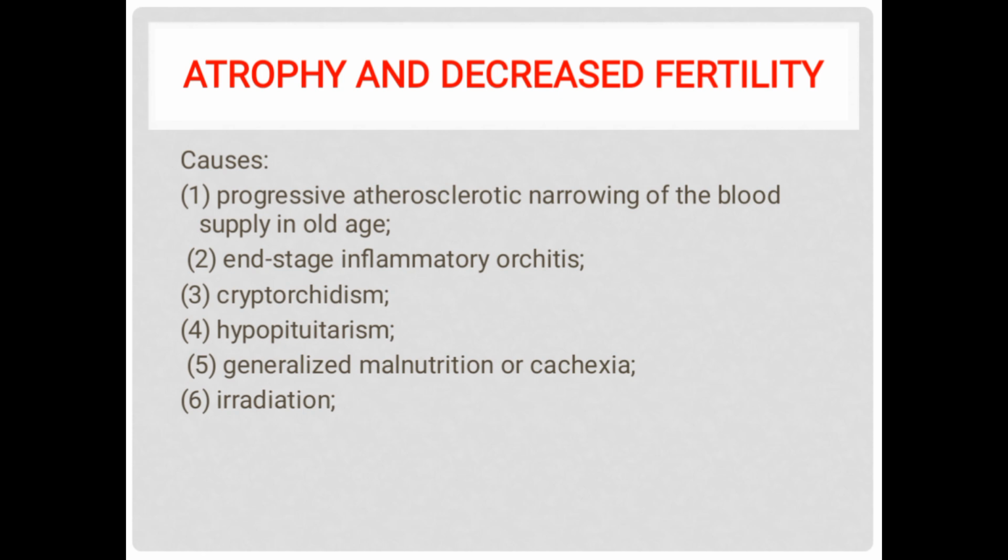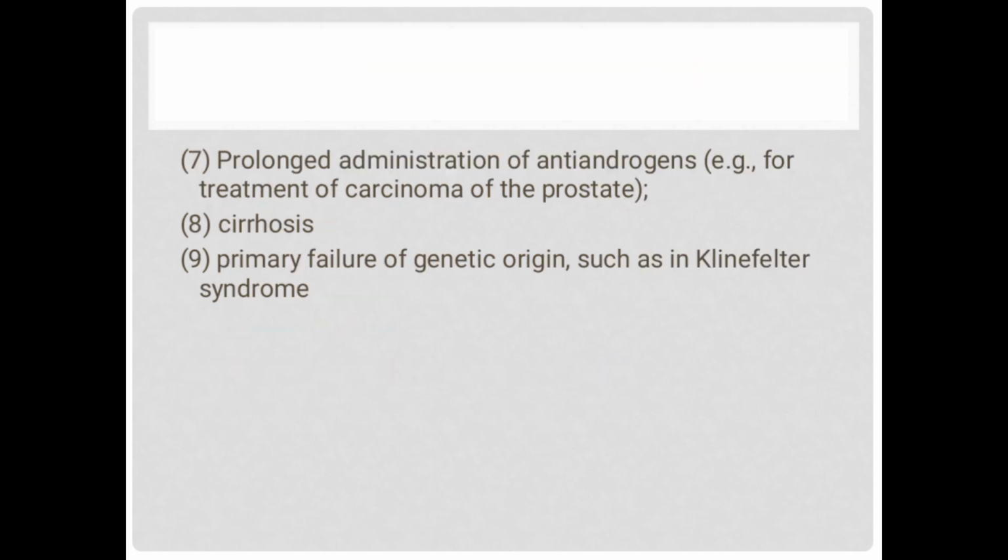Atrophy and decreased fertility can affect the testes. The cause of atrophy may be progressive atherosclerotic narrowing of the blood supply in old age males, or end-stage inflammatory orchitis, or undescended testes, hypopituitarism, that means there is a low level of pituitary hormones, generalized malnutrition, and irradiation.